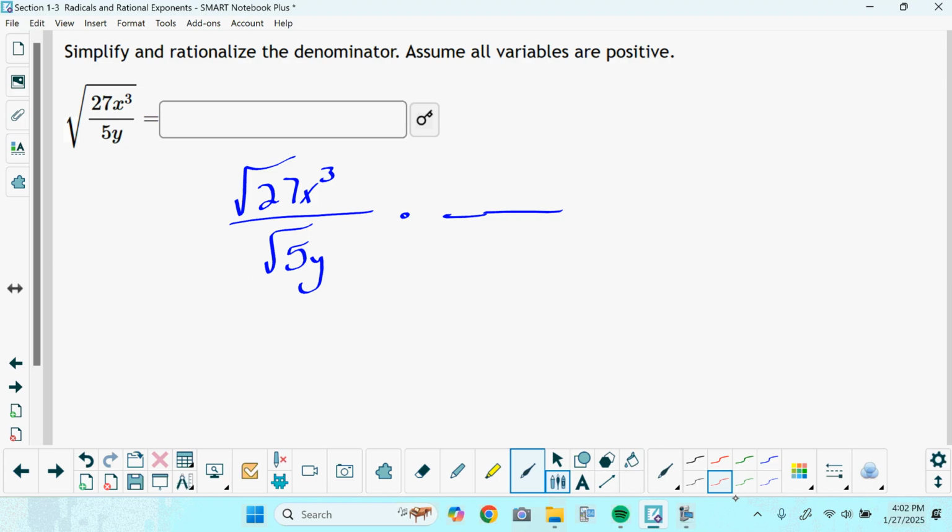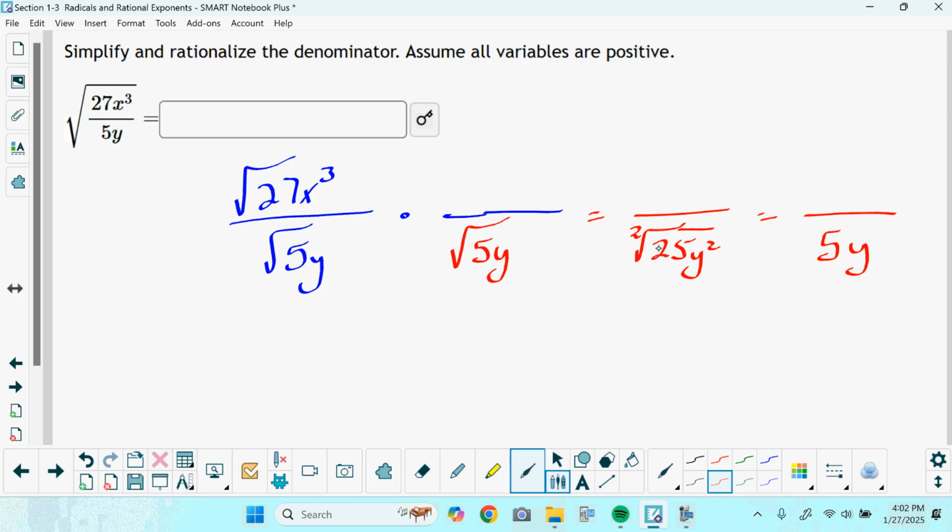Okay, so I would need to multiply this by 5y. That would give me the square root of 25y squared, and that would give me 5y. 25 is a perfect square, so the square root of 25 is 5.